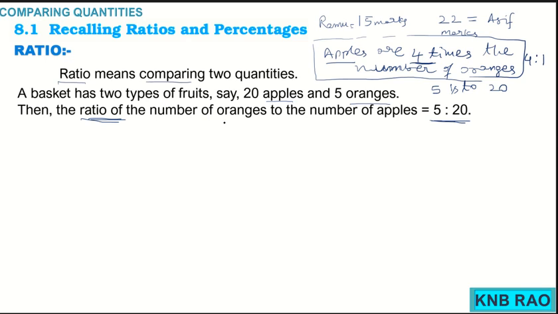Here I am comparing oranges to apples, which is 5 is to 20, in turn gives 1 is to 4. Remember children, this 1 is to 4 is one way, the quotient. When I divide 5 by 20, I get 1 by 4, which is the quotient. So, ratio is a means of comparing two quantities by using their quotient.